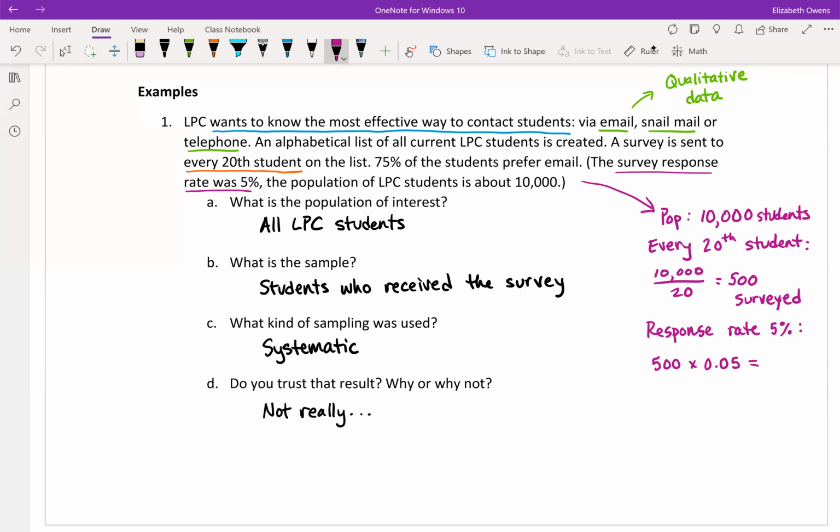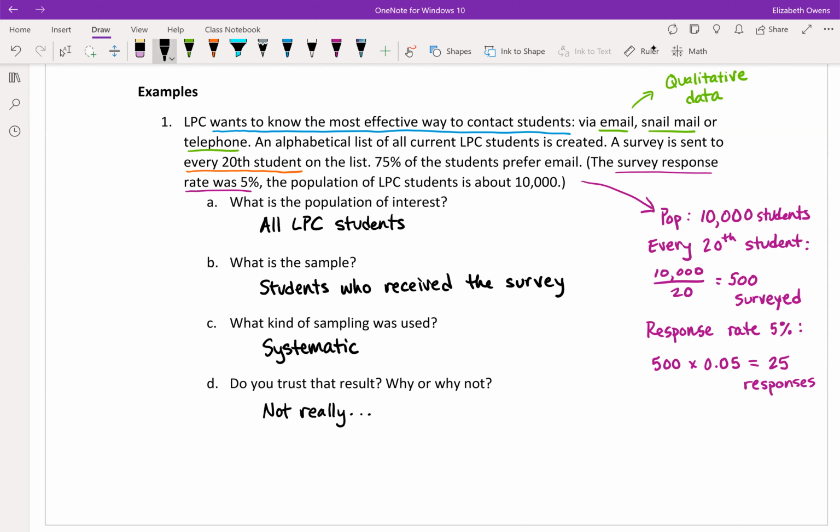And when we multiply that, we get 25 students who actually responded. Okay, 25 responses. So only 25 students actually sent in a response and 75% of those said they would prefer email.